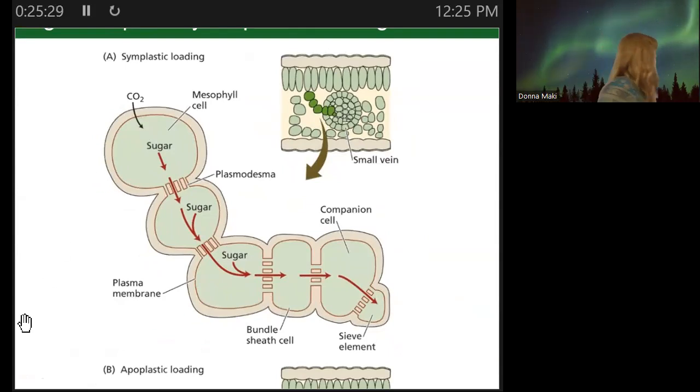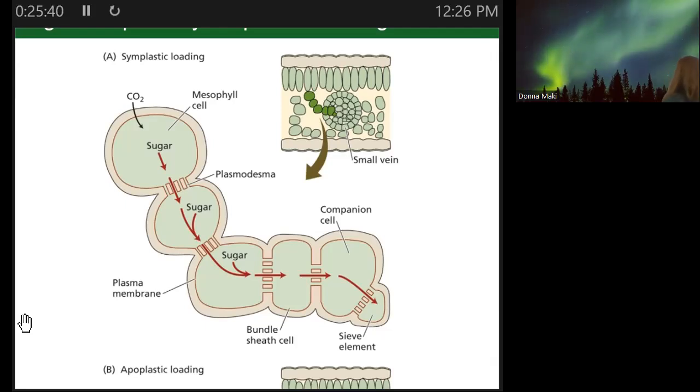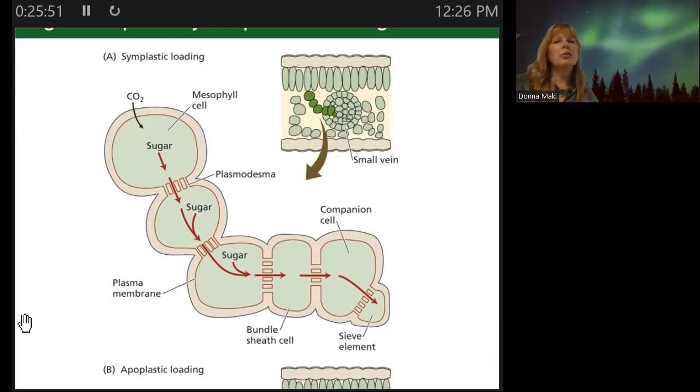And then it's using the plasmodesmata, the symplast method, okay? Internal tunnels between neighbors. And that seems logical. It can transfer from cell to cell quite easily all the way to the companion cell, which then can load it into the sieve tube element. So that's pretty straightforward. And that was, like I said, their top pick.